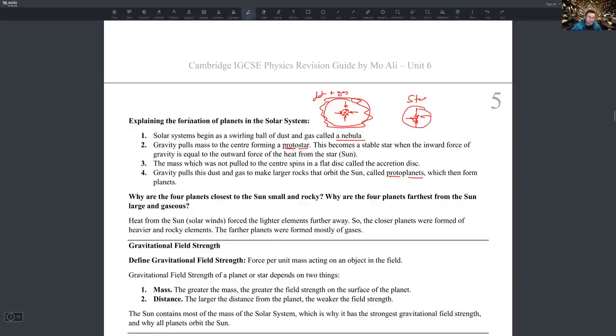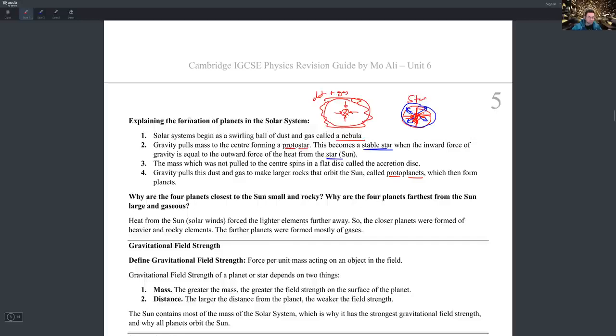A star is stable when the inner force of gravity, which keeps trying to pull the mass inwards, is equal to the outer force of the heat from the star. Because the sun becomes very hot, it tries to expand. So that outer force of expansion and the inner force of gravity balance out. So it's now called a stable star.